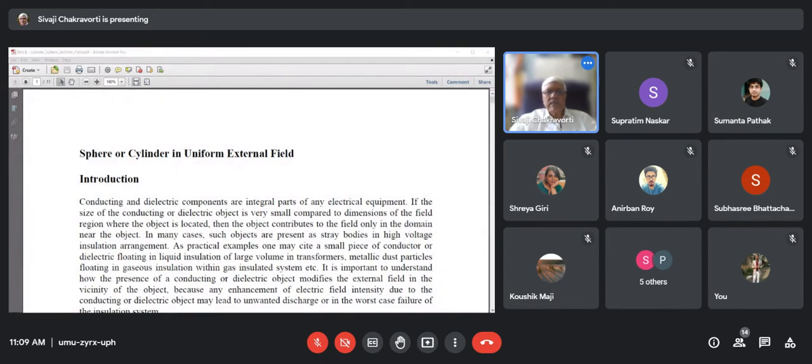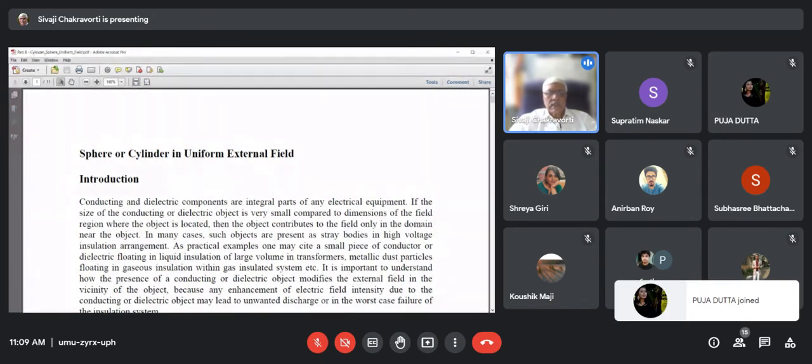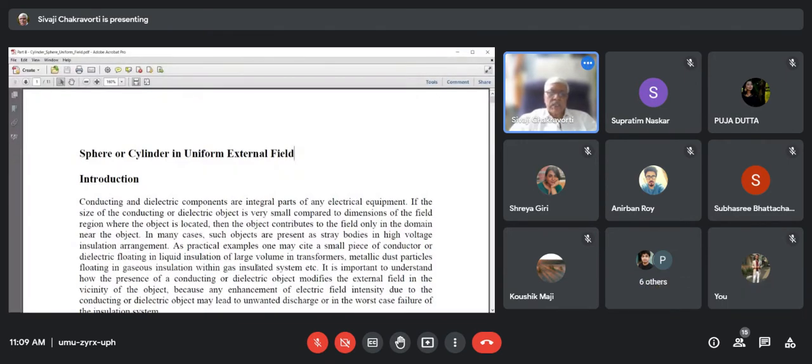So even if you make it 20 times or 30 times, that larger sphere diameter is not very large compared to the overall volume of the equipment. Therefore, we can always assume that within that larger sphere, the field is safely uniform. That is a good assumption. So it will not give us a big error.